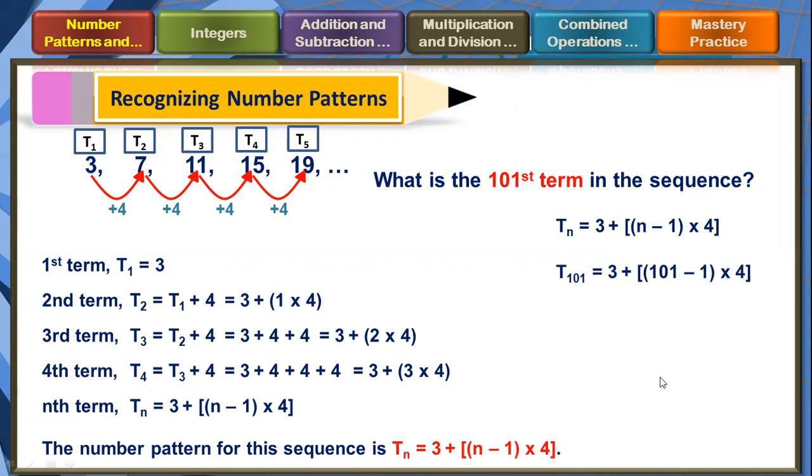We know that 101 minus 1 is 100, times 4 is 400. So 3 plus 400, the answer is T sub 101 equals 403. Therefore, the 101st term is 403.